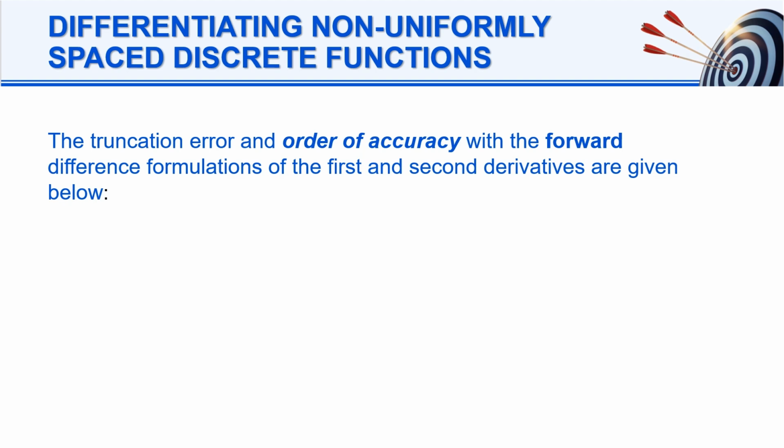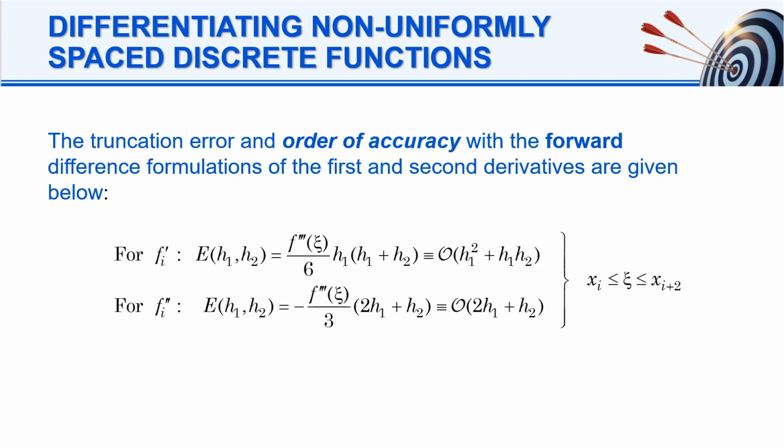It should be noted that the order of accuracy for the finite difference formula for f'(xi) is h1 squared plus h1 times h2, which implies that this expression is not truly second order, even though a quadratic fit was obtained. The second derivative has a first order of accuracy, proportional to 2h1 plus h2.